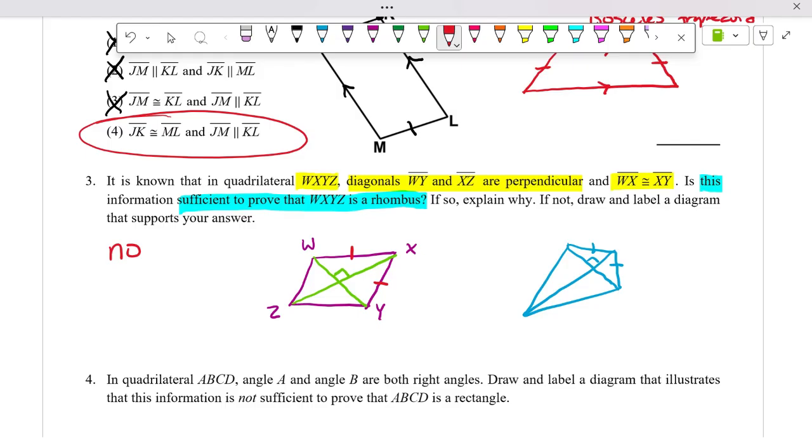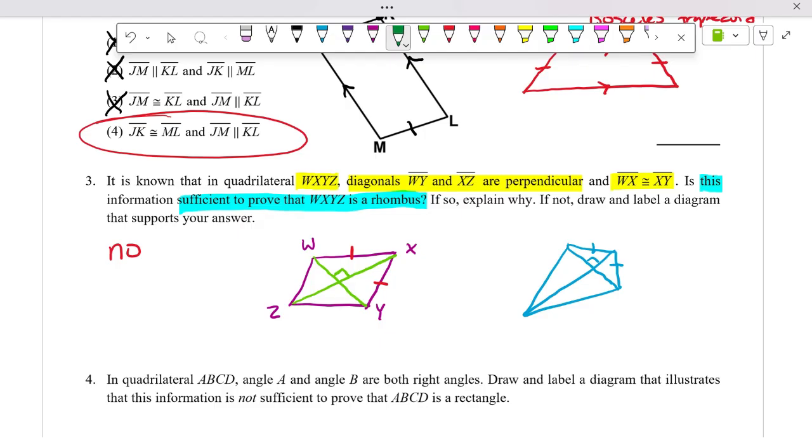Because a kite, remember, shares perpendicular diagonals like a rhombus does, and it has two sets of congruent adjacent sides. Whereas a rhombus, it showed that only one set of the adjacent sides were congruent. Now, let's say that they said it was a parallelogram and these sides were congruent. That would be enough because we know parallelograms' opposite sides are congruent.